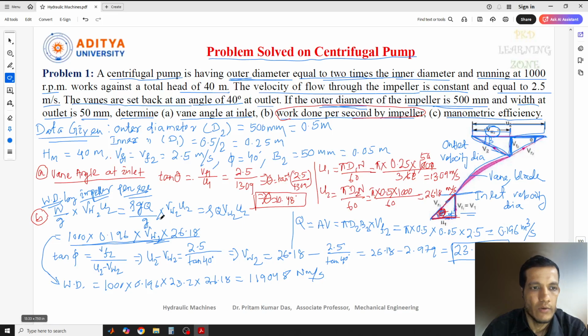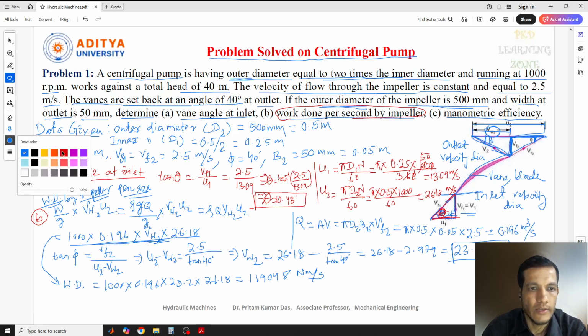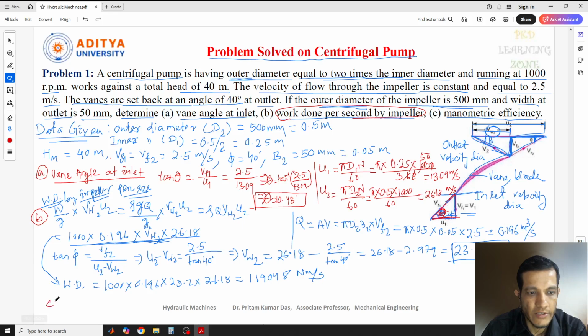Okay, now the last one is nothing but efficiency. So manometric efficiency needs to be calculated. The formula for this is g Hm by Vw2 U2.